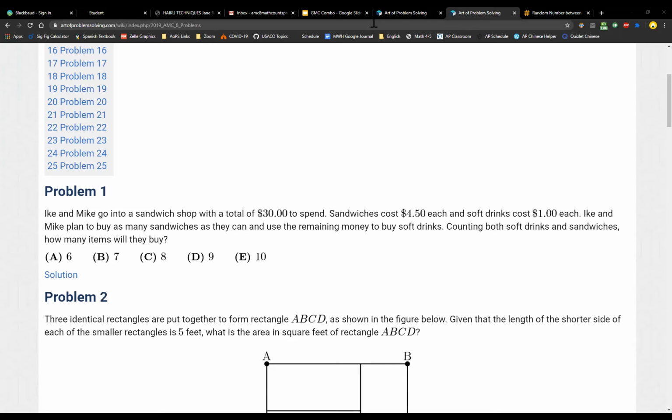So in this problem, okay, so the answer is just 9, which is D. So the first part's just division to see how many sandwiches you buy. And then you divide again to see how many soft drinks you can buy. So that's it. All right, let's do another one.